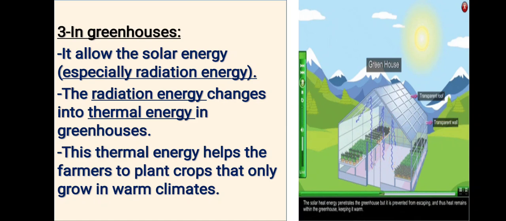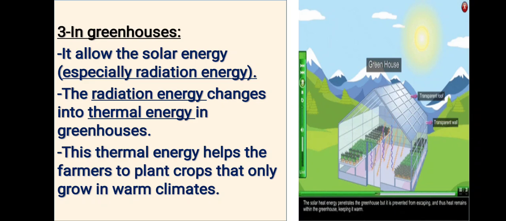Okay, what is the greenhouse? The greenhouse, as we can see in this picture, is a house made of transparent material. Do you remember that transparent material allows light to pass through it? So the greenhouse is a house made of transparent material to allow the solar energy, especially the radiation energy, to enter the house.